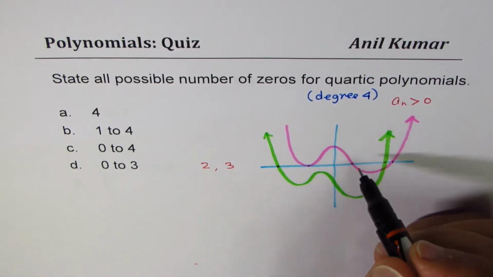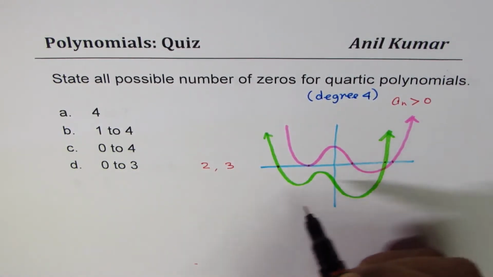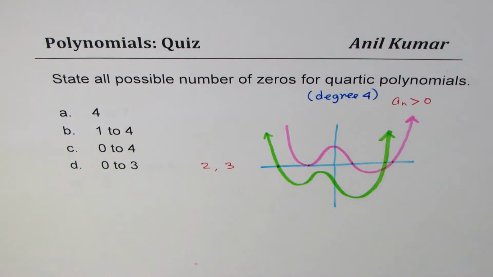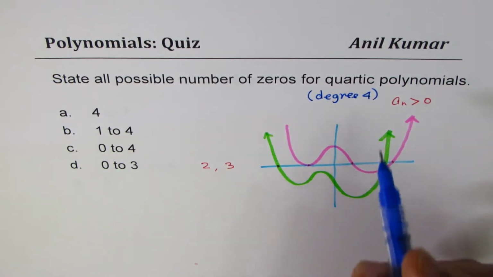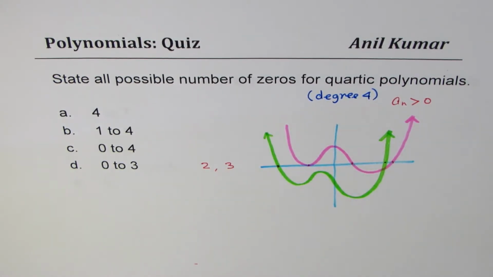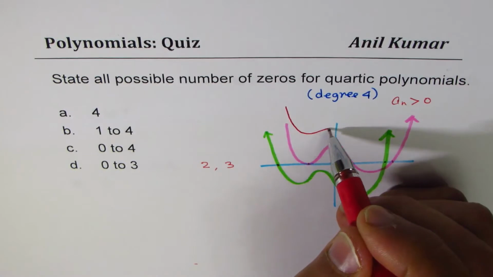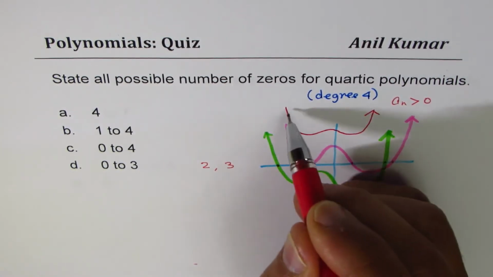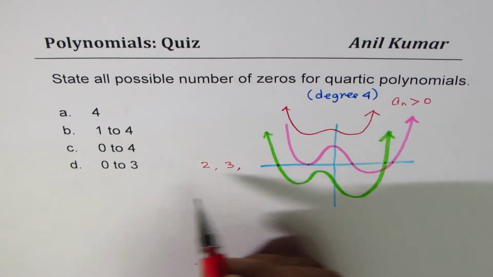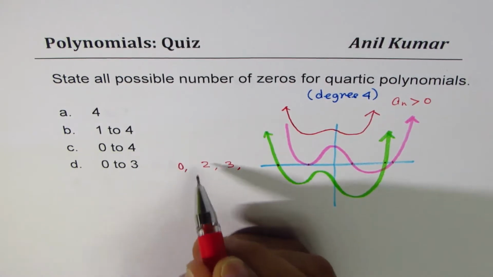Further up, or we could draw another different one. Let me sketch one like this here. We could also have one which is like this. Do you see that? In this case, we have 0 number of zeros.